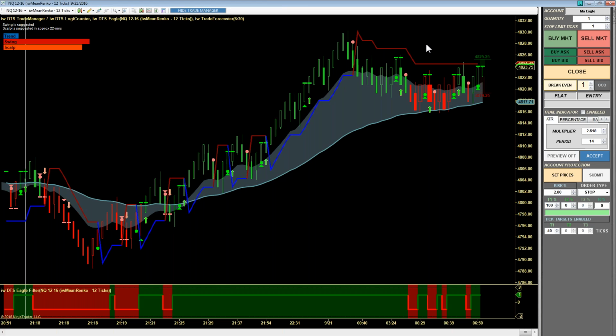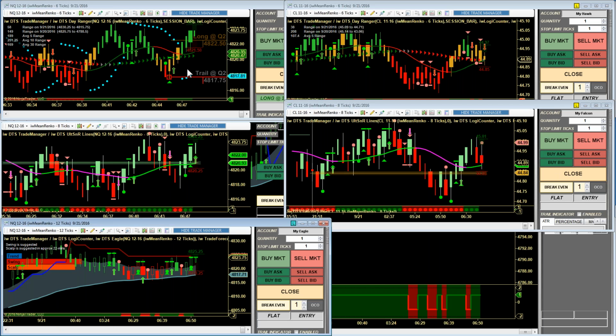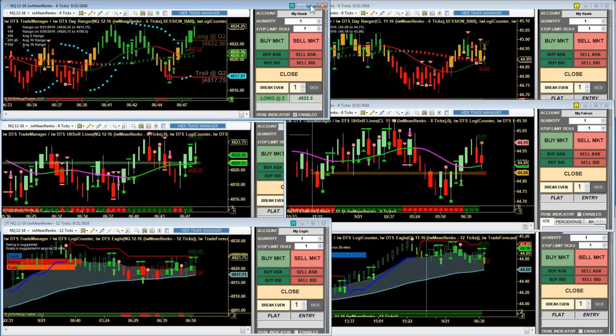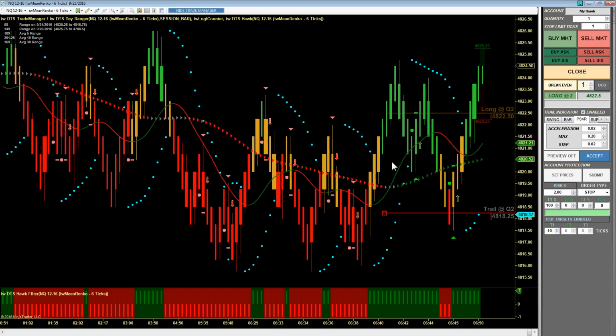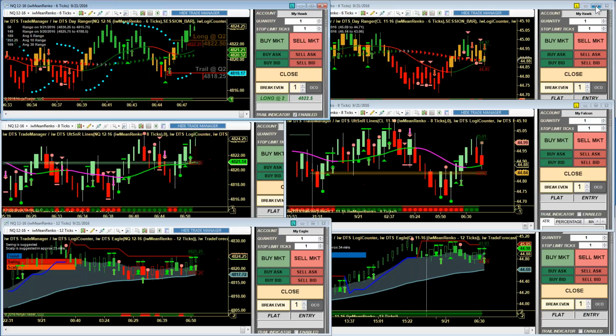Okay, makes sense, right? Because look at what we're seeing here. We're seeing all kinds of crazy sideways action, all kinds of yellow bars here on our scalping tool. And yet our scalping tool so far is the only one that's generated a signal for us.